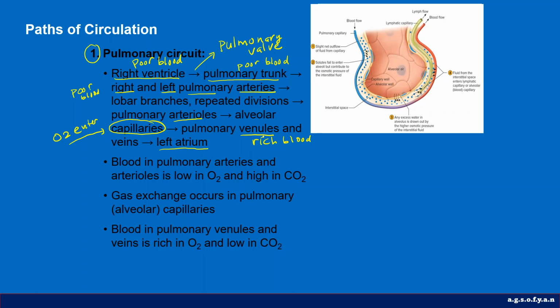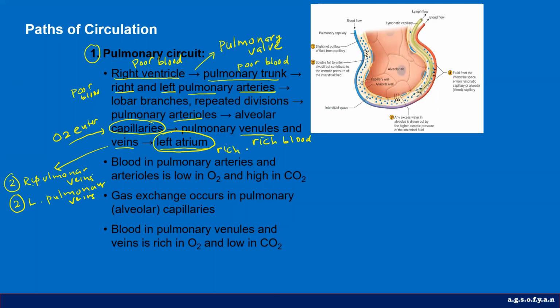All the venules then combine to make the veins, and there will be two types of vein: two right pulmonary veins and two left pulmonary veins. So in total there are 4 veins that will enter into the left atrium.